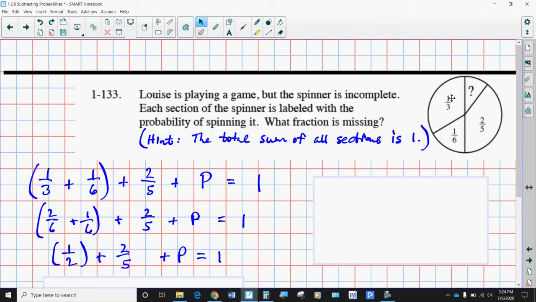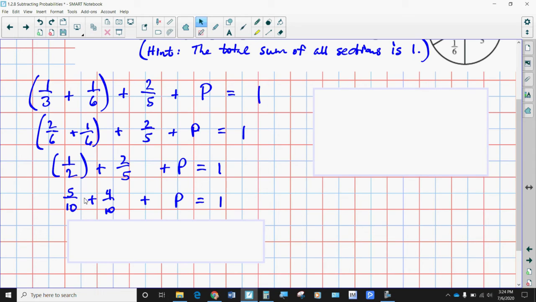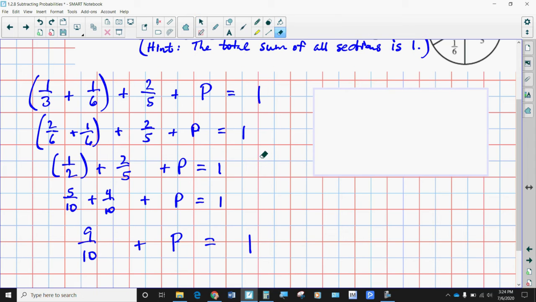So now we're going to add this half to this 2/5, and our common denominator should probably be a 10, correct? So 5/10 plus 4/10 is going to give us a total of 9/10. So what do you add to 9/10 to give you 1 for an answer, to give you 10/10? Maybe I'll go ahead and just change that right now to make it a little bit more obvious.